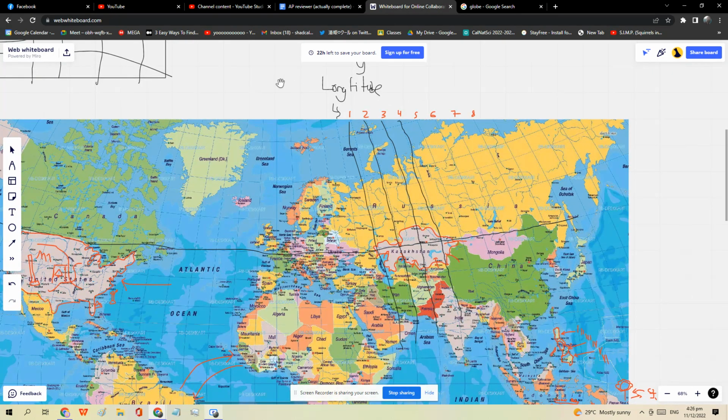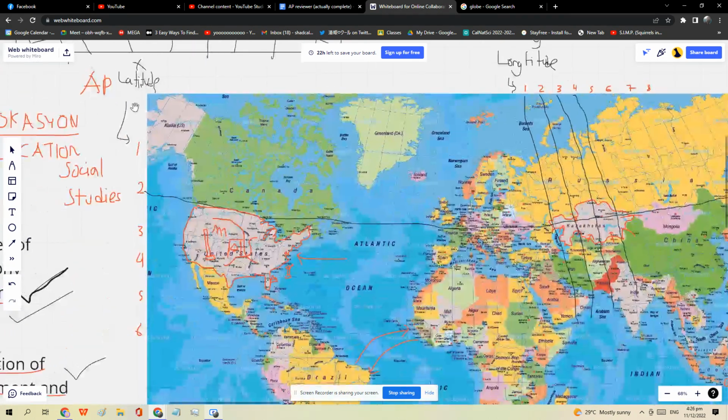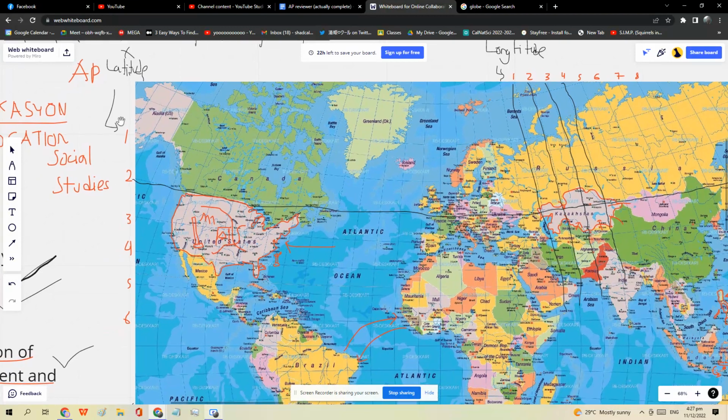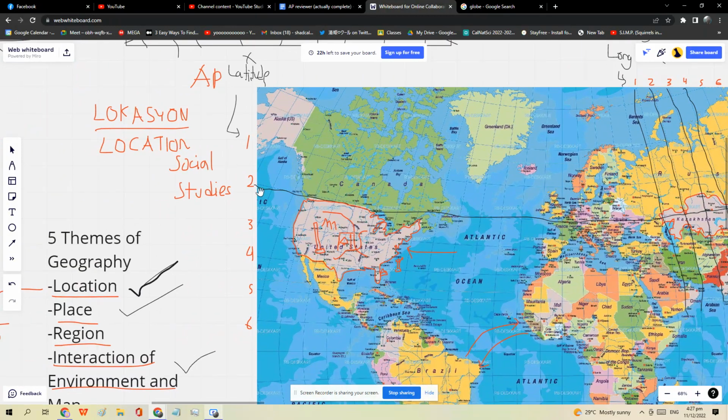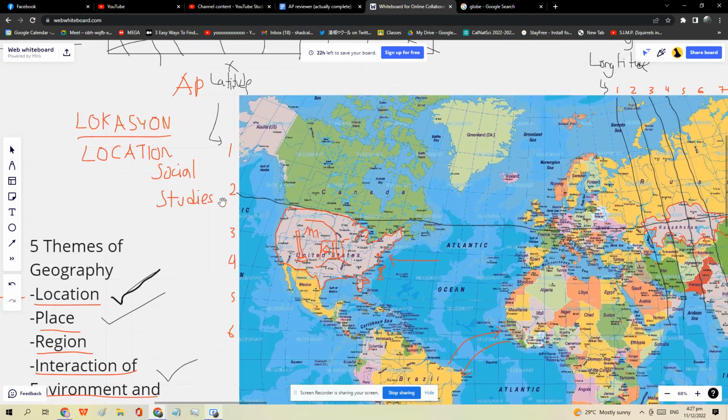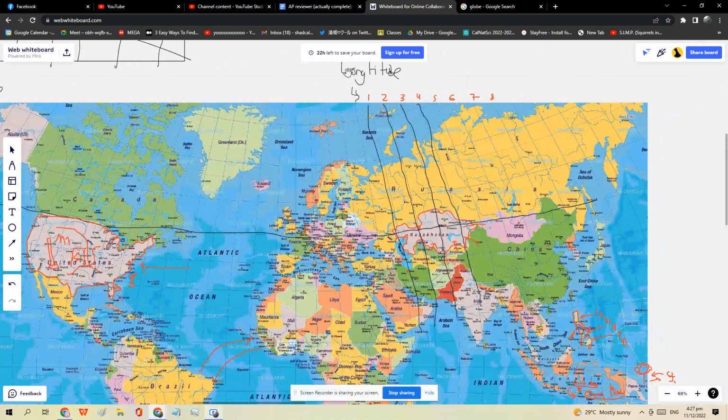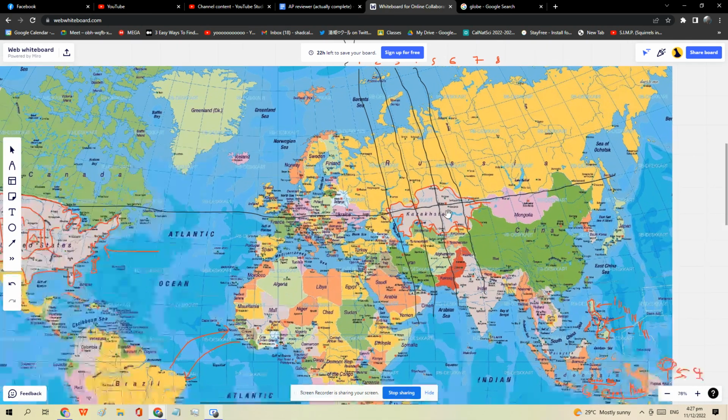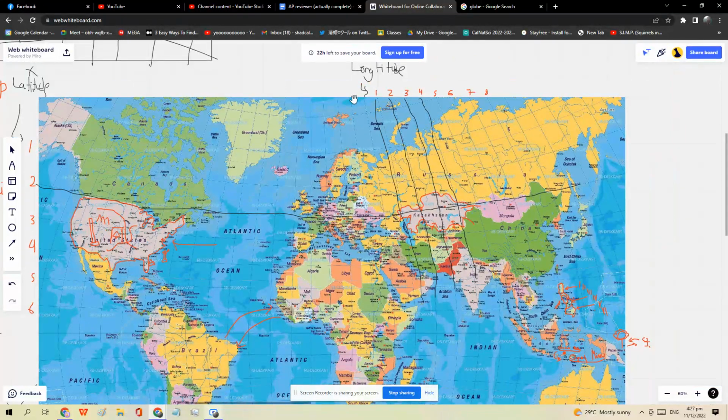If you get the y-axis or the longitude, and then the x-axis for latitude, you're basically going to cross them. Wherever they intersect, that's going to be the location.